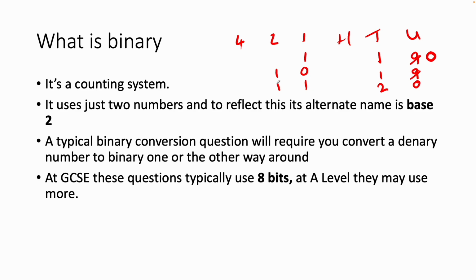Typically speaking for GCSEs, it'll require 8 bits. Not always, but generally. So probably more than our 1, 2 and 4 column. A-levels might be a little different. They might try and hide the information within some distractor elements of the question, but if you can do the conversions, you're often going to be quite well set with these. There's no reason why you can't get these right 100% of the time.